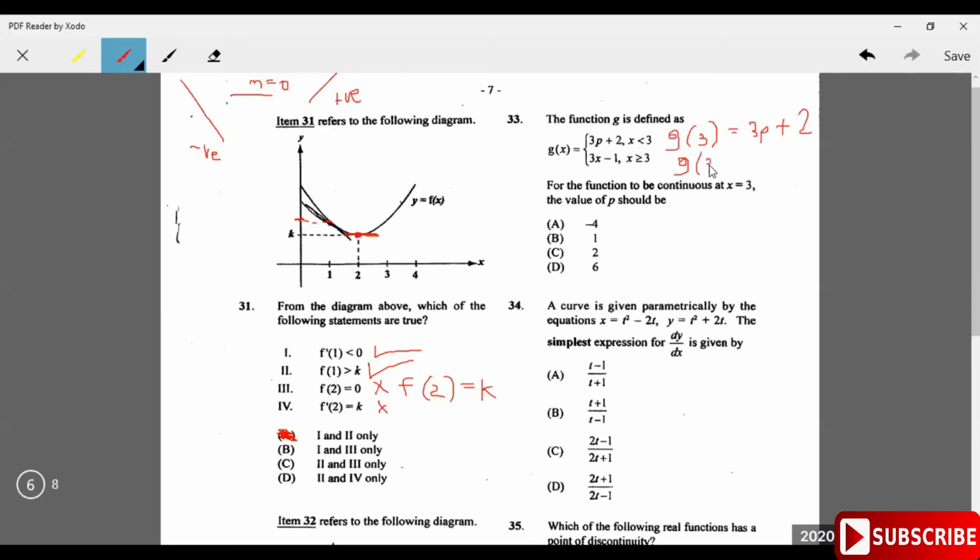On the right-hand side, we put in x equal 3, and we're getting 3 times 3 is 9, 9 minus 1 is 8. So what we're solving is that 3p plus 2 must be equal to 8.